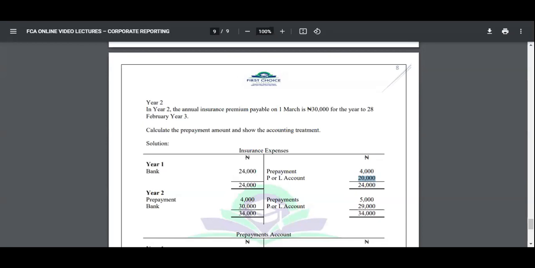That's 2,500. So 2,500 times 2. Remember, because we only utilize March to December, it remains 2 months. So 2,500 times 2, we have a prepayment of how much? We have a prepayment of 5,000 naira. If we are to remove 5,000 naira from this 30,000, we have 25,000 naira. 25,000 naira plus, remember that 4,000 naira outstanding is what makes up 29,000 naira.